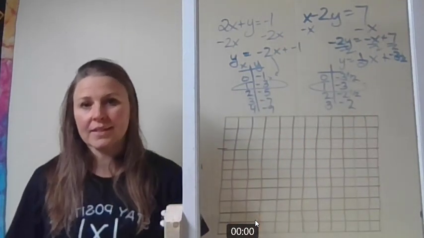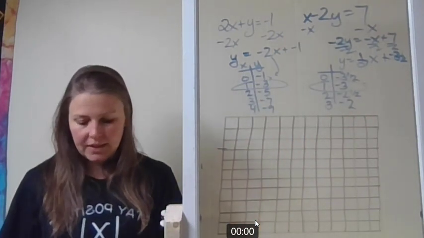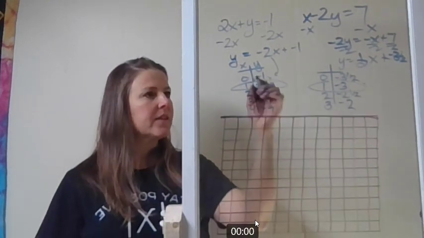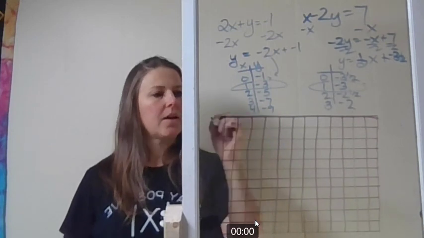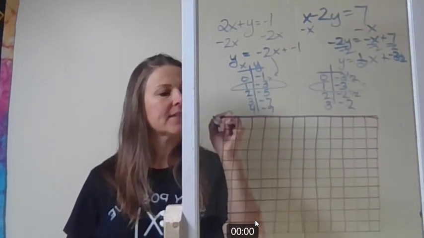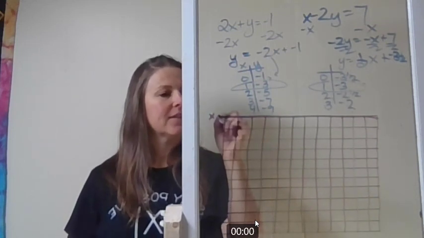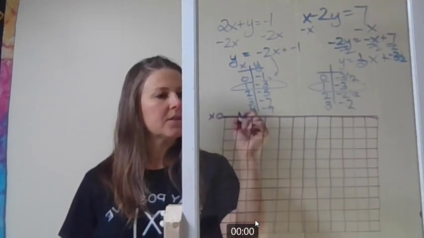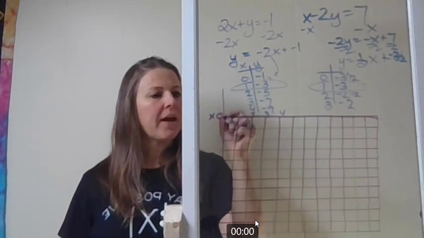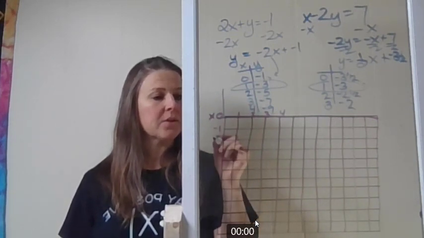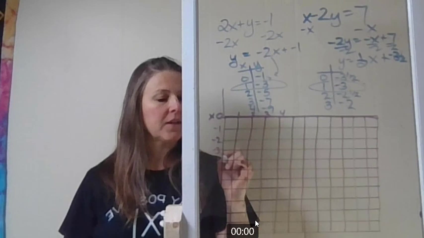And if you know something's linear, you don't need a ton of points. So this graph is all negative in the y. So I'm just going to make the x-axis right here of 0. So 0, 1, 2, 3, 4. And then on your graph, we really need the negatives. So -1, -2, -3, and so on.